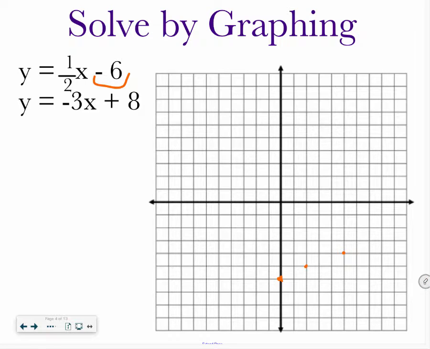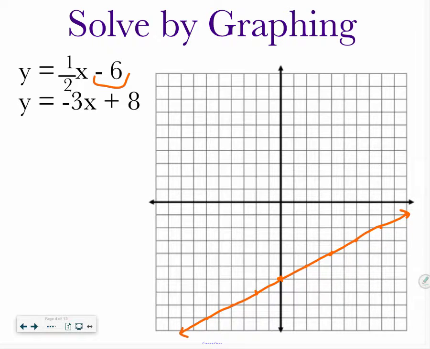Oops, I went over 3 that time. Up 1, over 2, up 1, over 2. Then I just have to connect these dots, and I have my graph of that line.